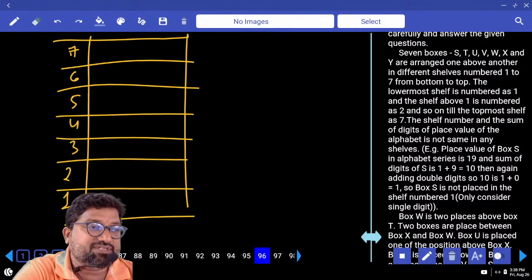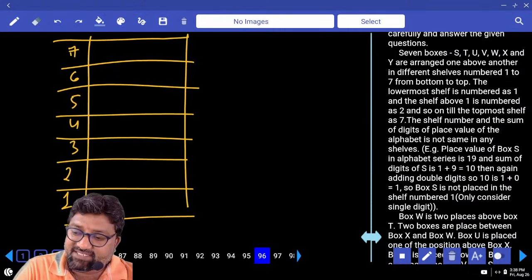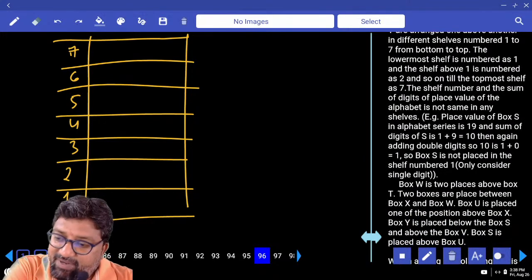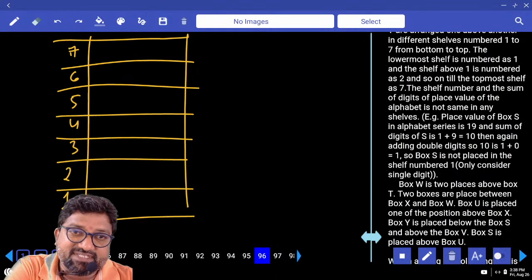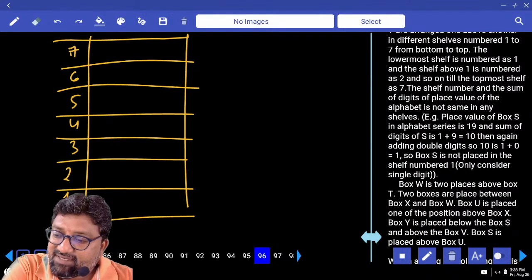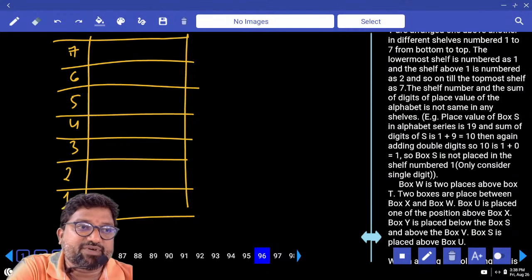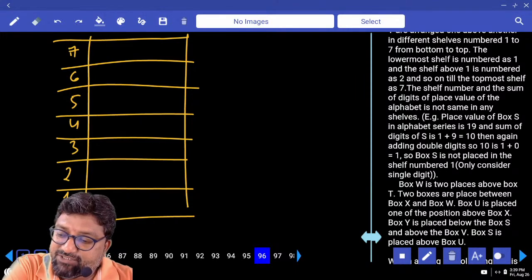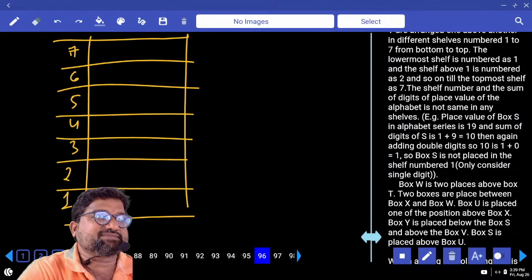The place value of the alphabet S is 19, and the sum of 1 plus 9 is 10. Then again adding the double digits, 1 plus 0 becomes 1. And so S is not placed in shelf number 1.